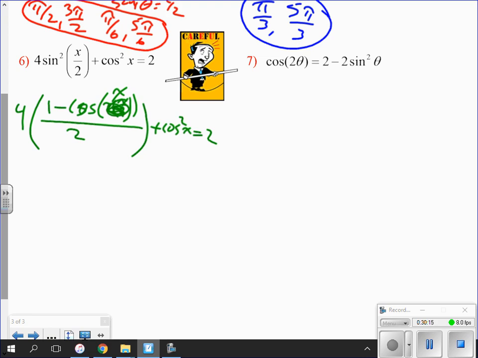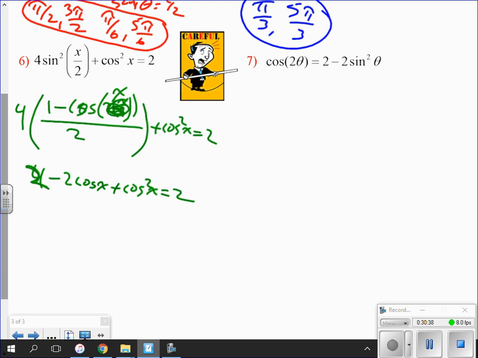Now, distribute the 4. 4 minus 2 cosine x plus cosine squared x equals 2. Or sorry, this should be 2, because they're divided by 2. It should be the 2 in the front, not the 4.